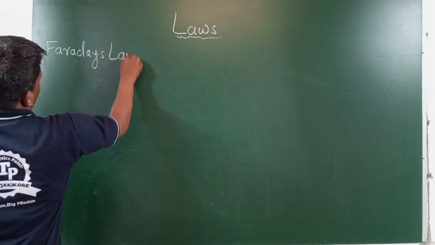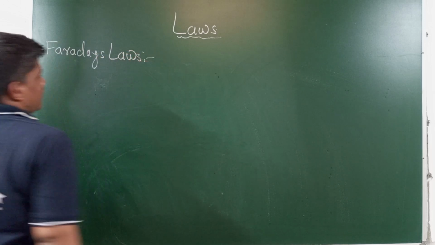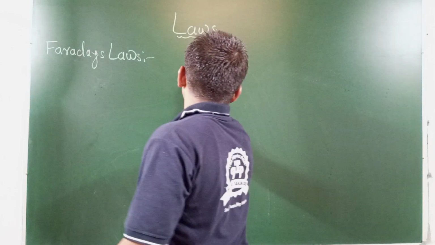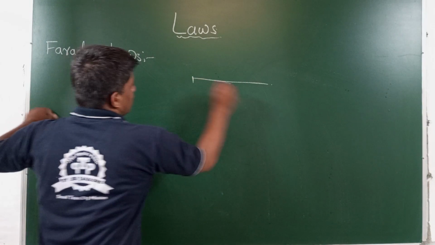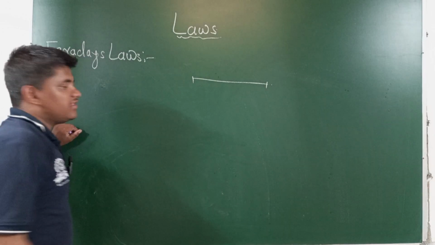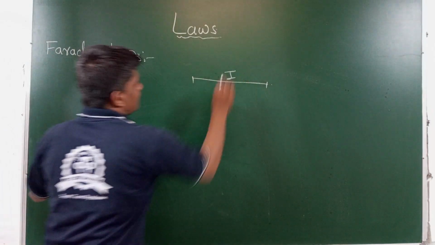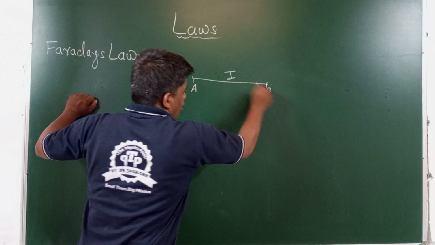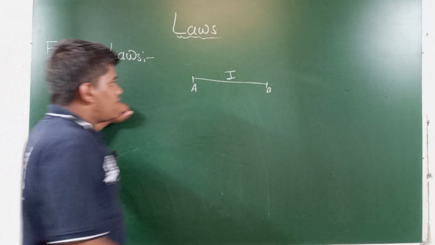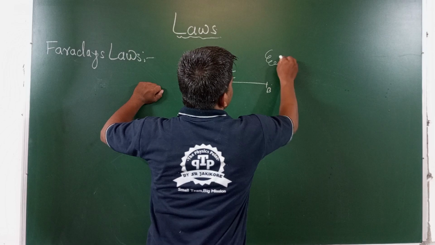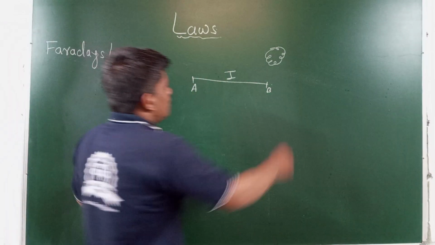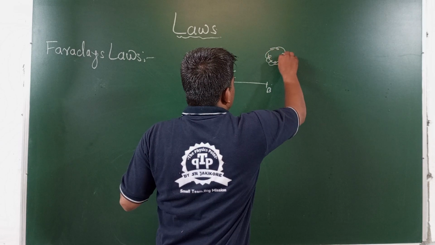The first law of Faraday's states that we can consider a conductor and supply some current I through this conductor. The conductor is AB, or we can take a coil, bounded by a certain metal.